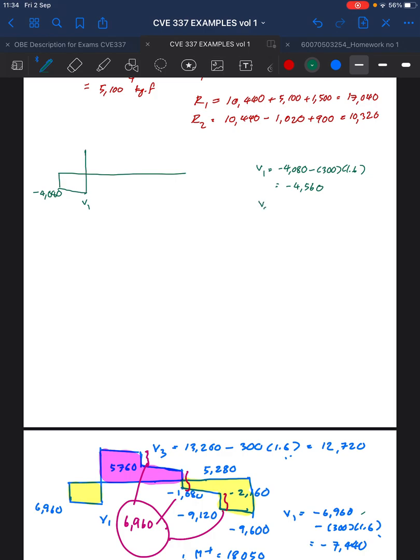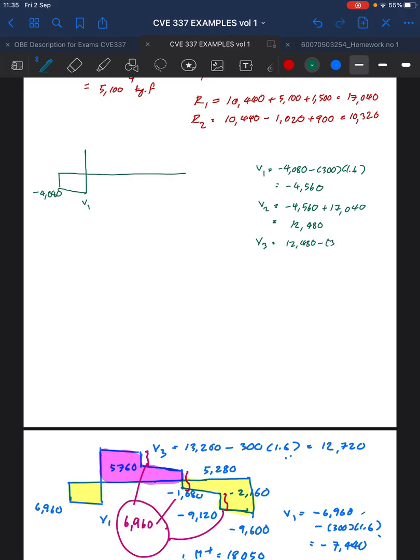V2 is therefore minus 4560 plus 17,040, which is equal to 12,480. Okay, so we are going back down again to V3, which is that one.